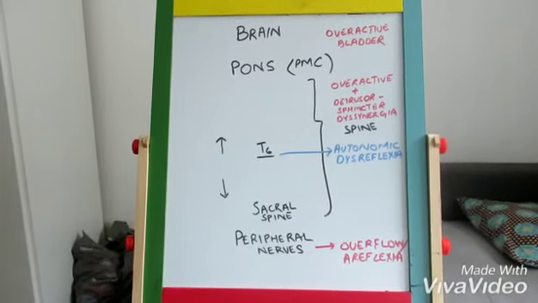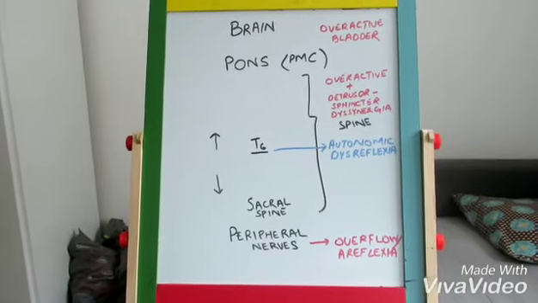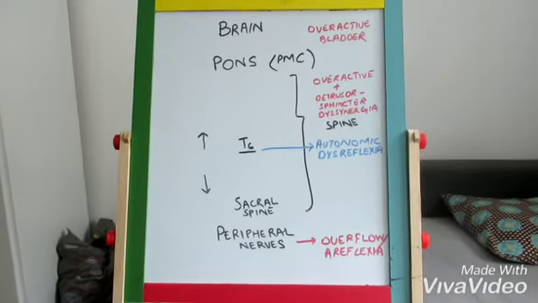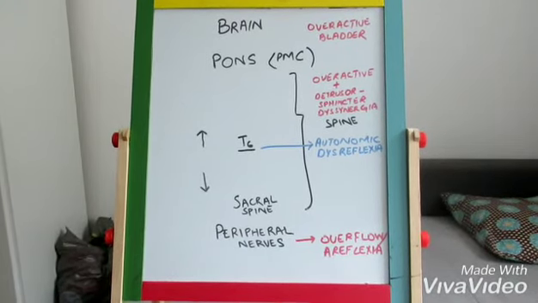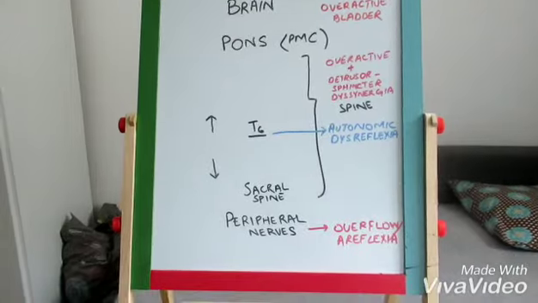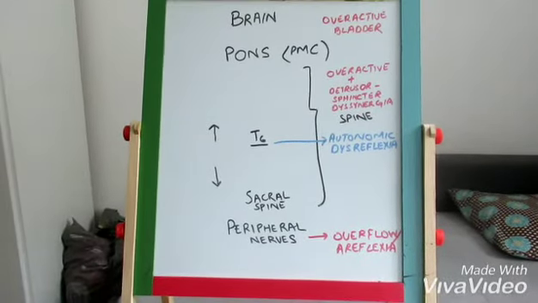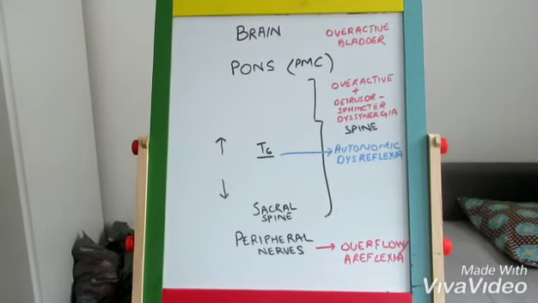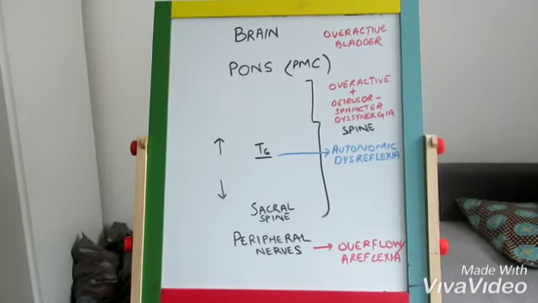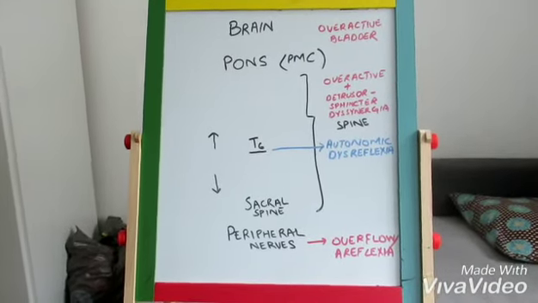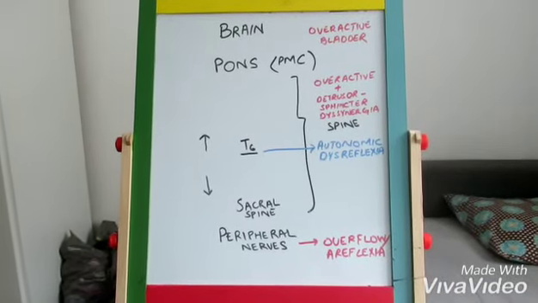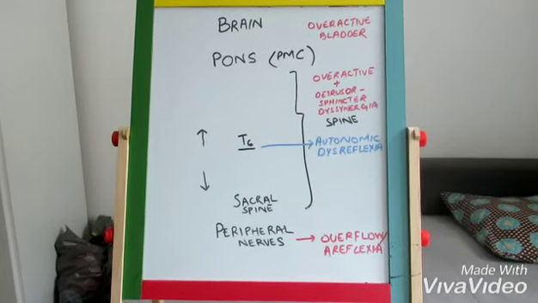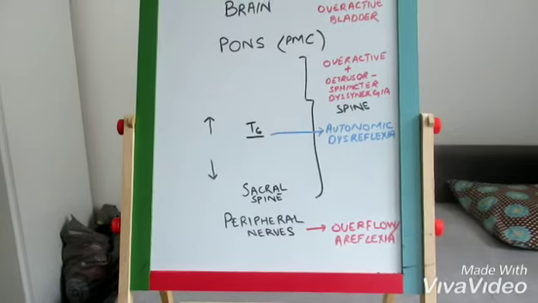So coming next to the peripheral nerves, in peripheral nerves there is basically damage to the nerves, and what happens is that the bladder cannot sense that it is full, so it keeps on filling, and at times it goes into retention, and after retention there's a limit beyond which it cannot fill, and then there is overflow incontinence. So in these regions we have overflow incontinence.